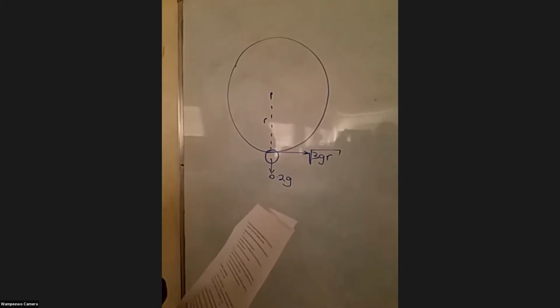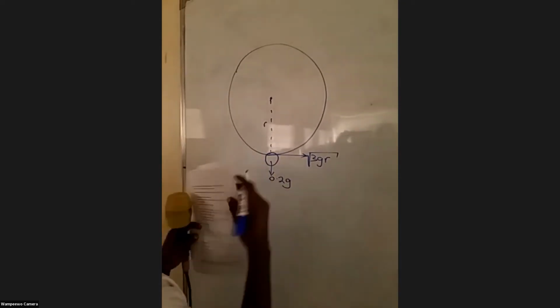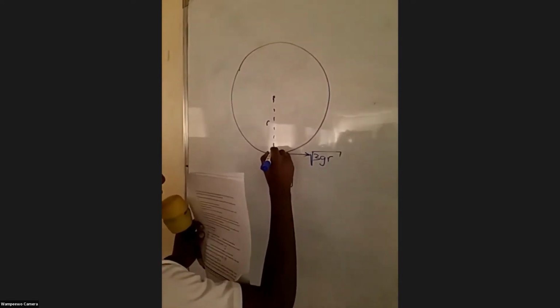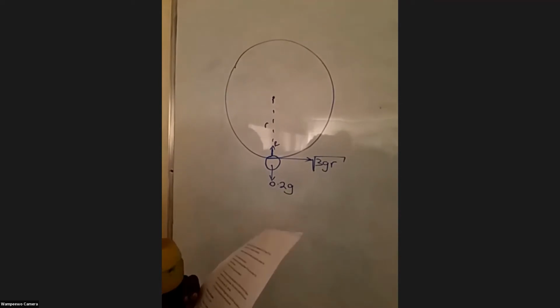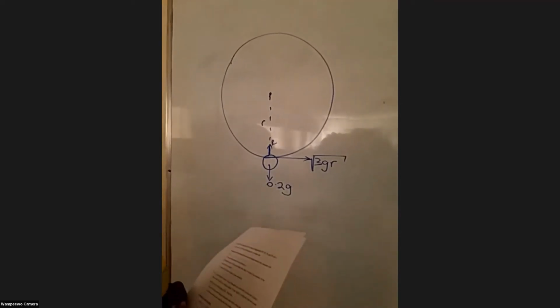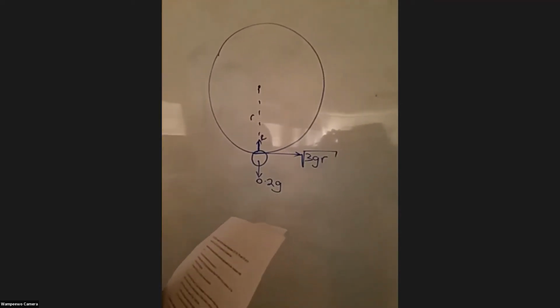There is a tendency of the normal reaction, which acts towards the center of this circular wire R. They say find the speed of the bead when it has gone a sixth way round the circle.